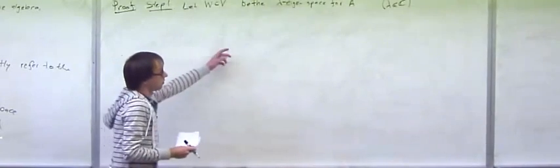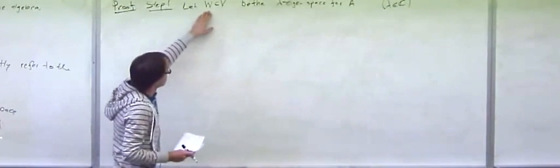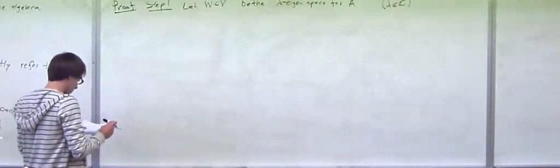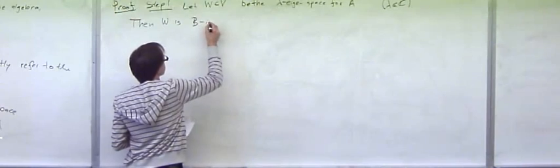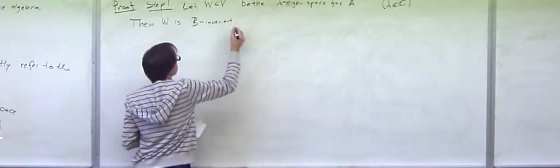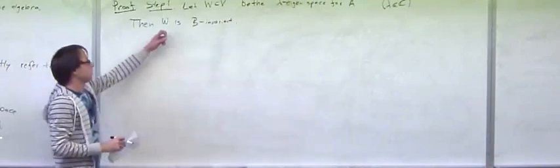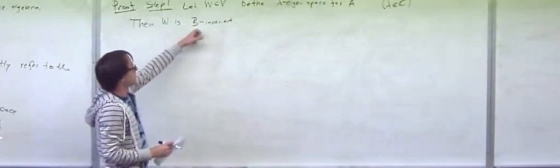So I fix a complex number lambda, and then I consider the set of vectors W such that A acts on these vectors just by multiplying them with this complex number lambda. So an eigenspace for A, and I claim then W is B invariant. What does this mean? I take any element of W, apply the matrix B, and then I still get an element of W.